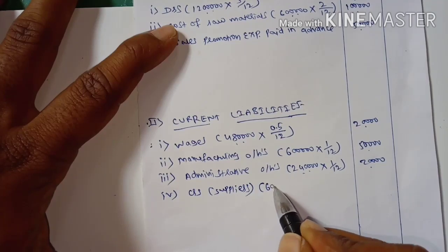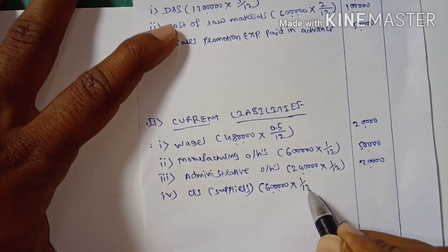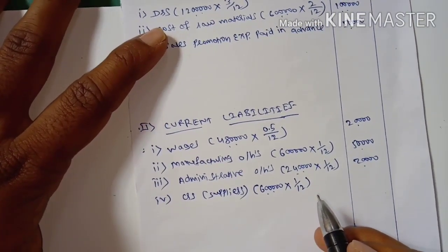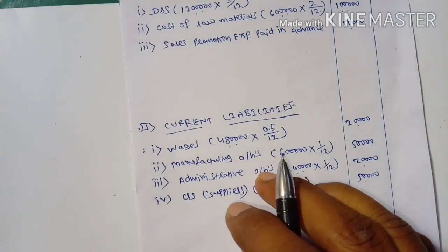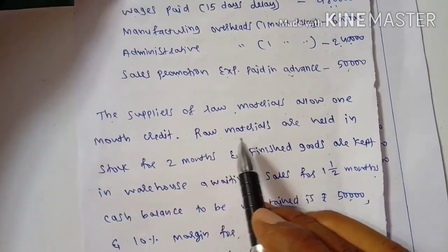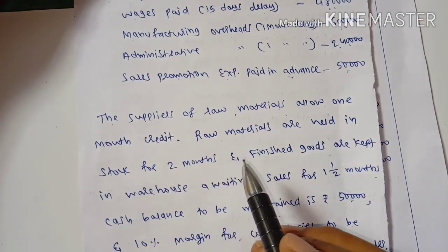Okay, the cost of raw materials purchased is 6 lakh and the creditors allowed 1 month credit, so it will be 50,000. Okay, now raw materials are held in stock for 2 months, so this information is recorded.